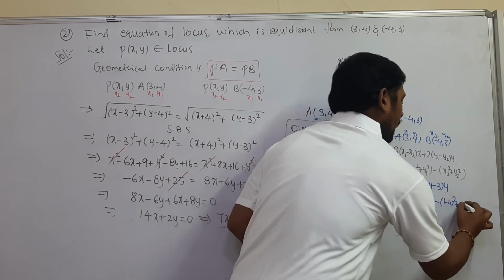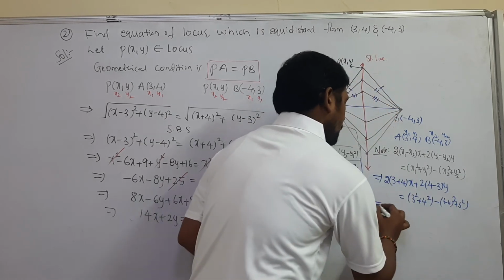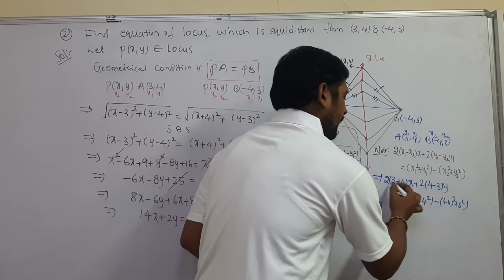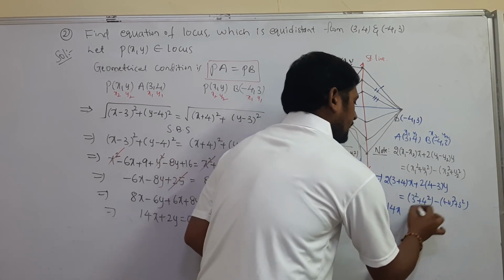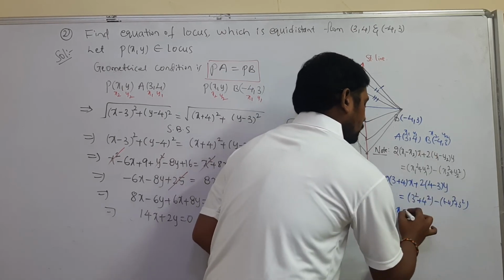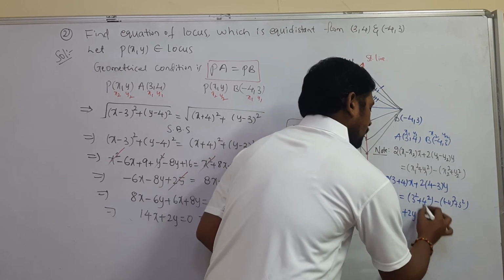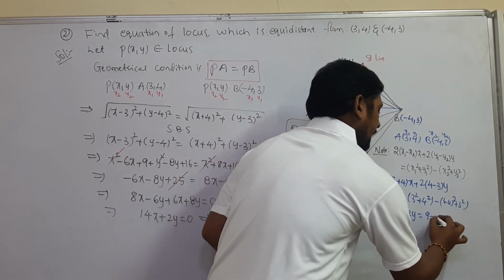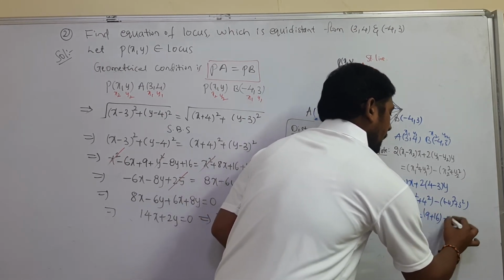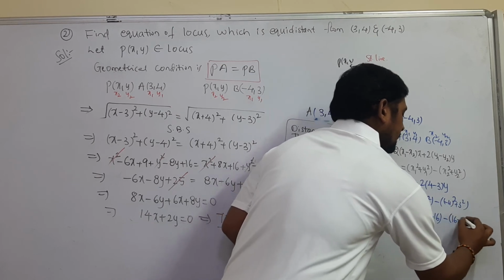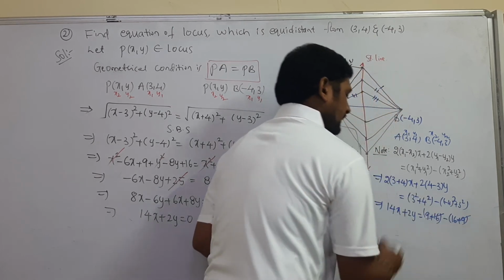Which implies 3 plus 4 is 7, 2 7s are 14x, 4 minus 3 is 1, 2 1s are 2y, equals 3 square is 9 plus 16 minus 4 square is 16 plus 9. This gets cancelled.